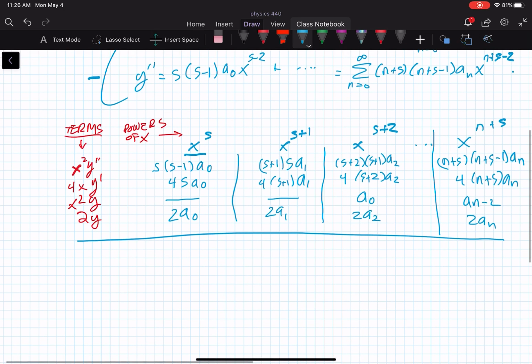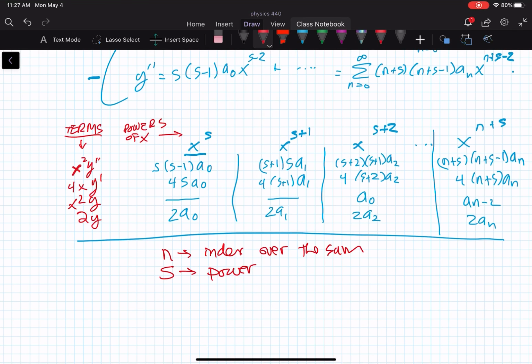So what do we do with this table? Let's remember what we're doing here. n is our index over the sum, and s, in this case, is the power that ultimately gives us the indicial relation.